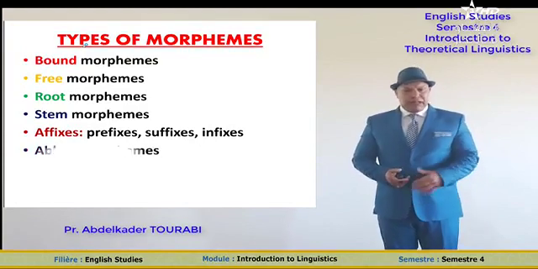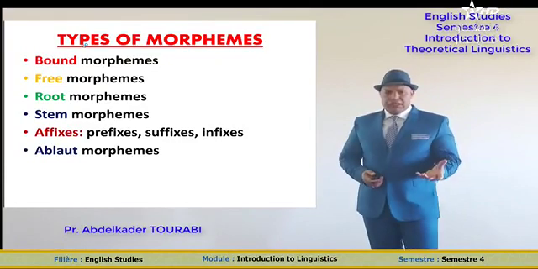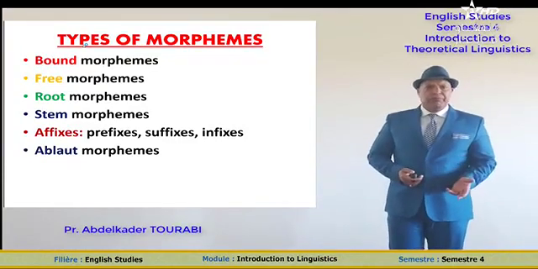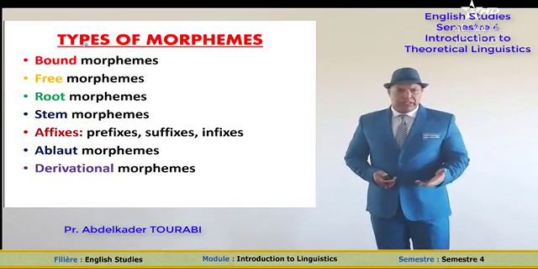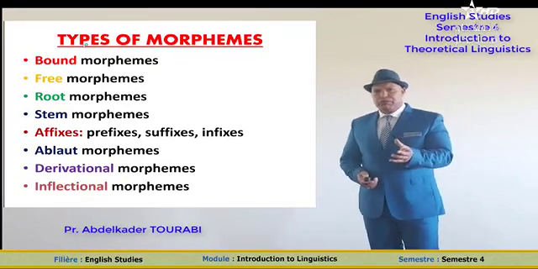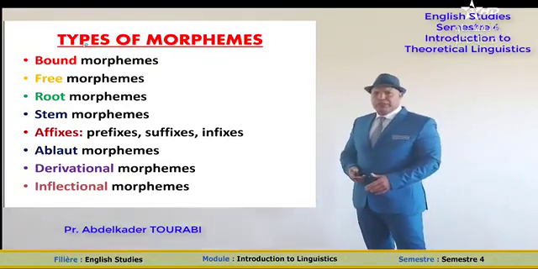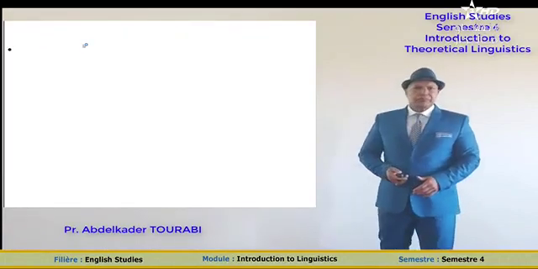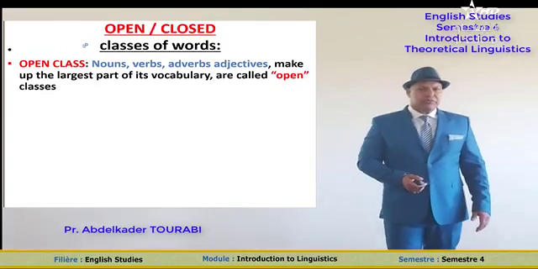Then we have ablaut morphemes, which is basically a vowel alternation. And then we have derivational morphemes and inflectional morphemes. These types of morphemes we are going to see in detail later. We start first with open morphemes and closed morphemes.